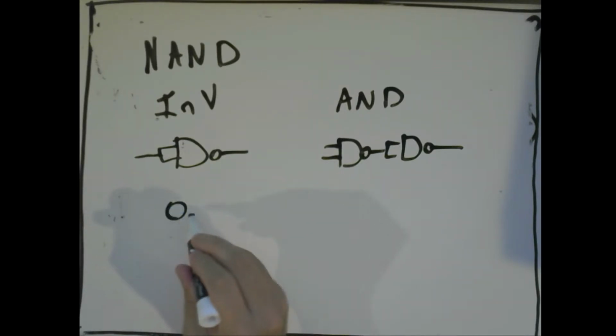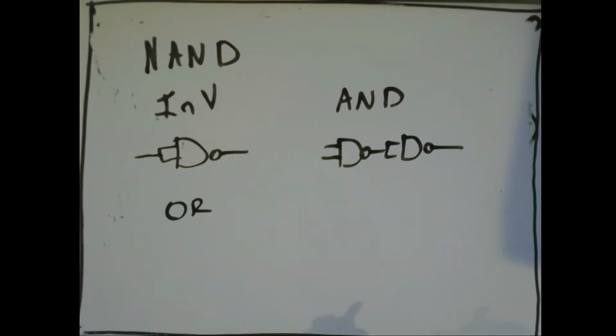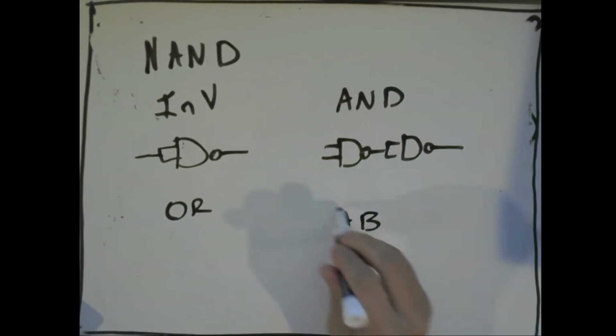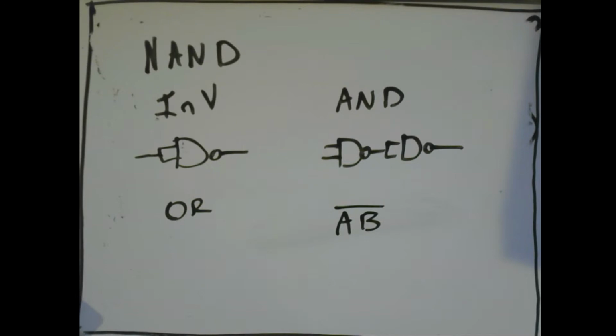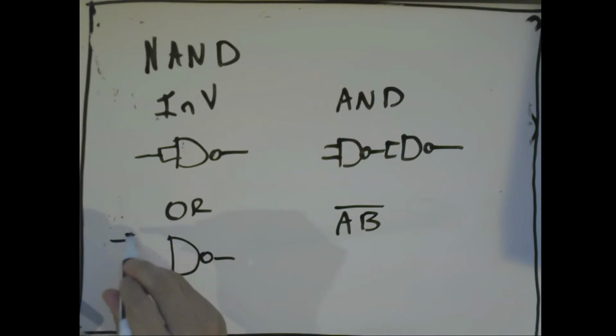We need one more. We need to figure out how to make an OR gate. And what we can do is again leverage De Morgan's law here. So this is the Boolean equation for an AND gate. And let's say we took an AND gate and inverted both its inputs.